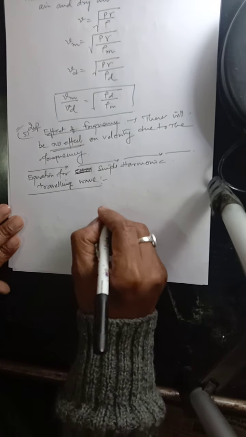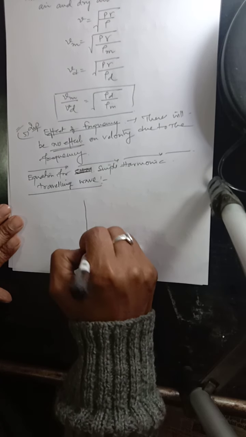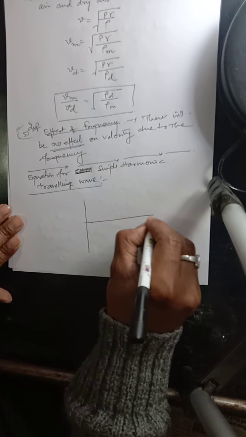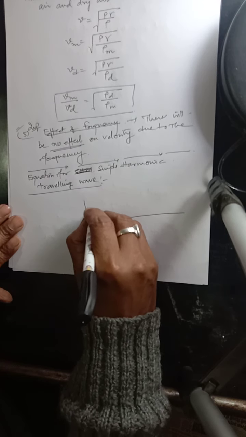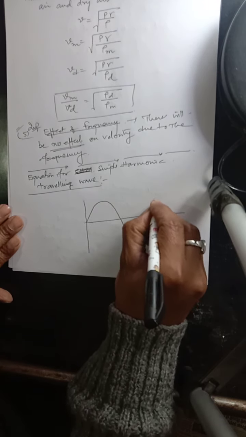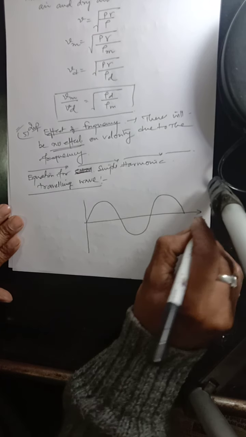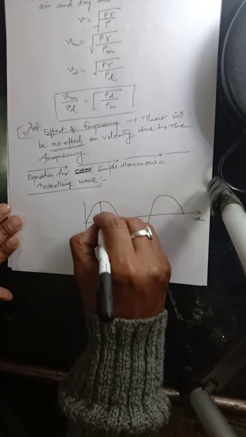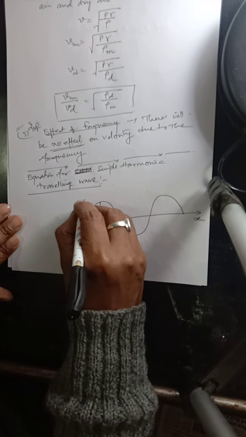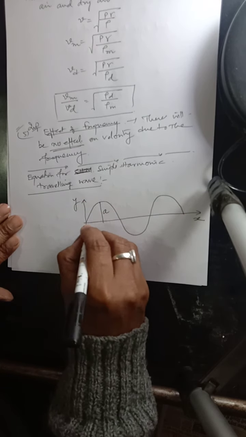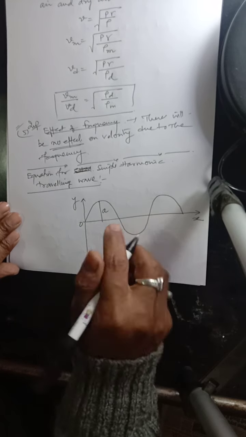For this we'll draw a diagram. Suppose this is the x direction, this is the amplitude A, this is the y direction, this is the starting point.